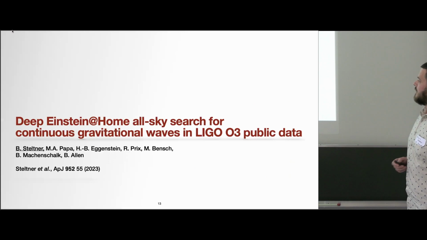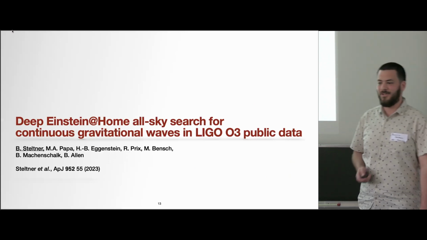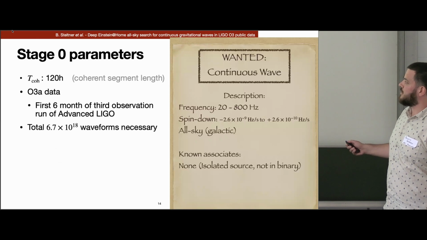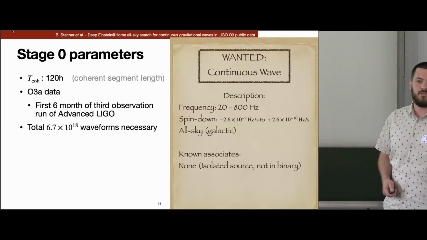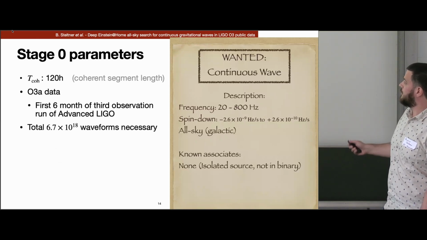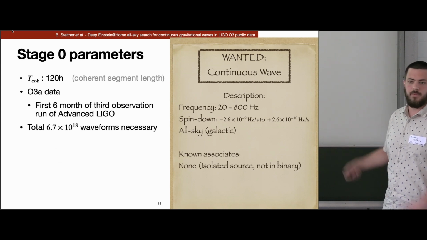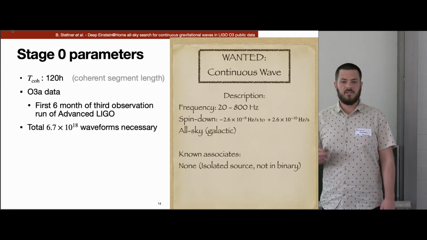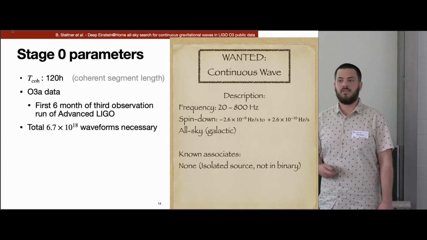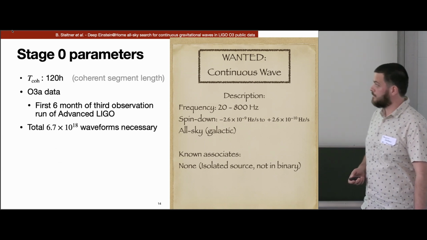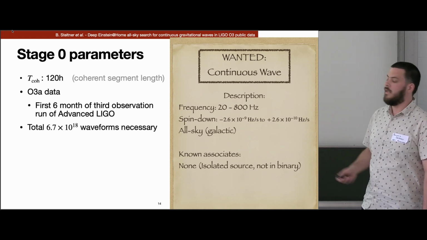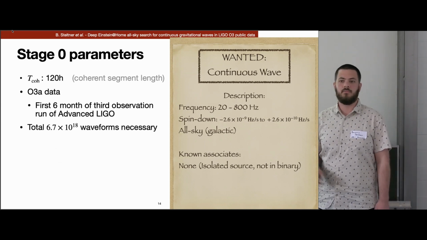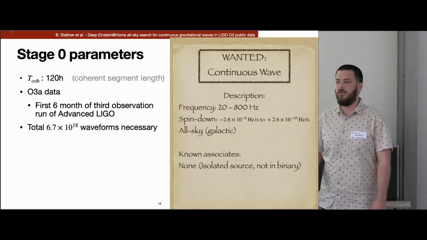Okay, now that I covered all that, let's come to the actual search. We did a search for continuous waves in the gravitational wave frequency range from 20 to 800 Hertz, with spin-down and all over the sky, without binaries. And we used the first half of the third observation run of Advanced LIGO, so-called O3a, so 6 months, and to cover this parameter space, a total of 7 times 10^18 waveforms were necessary.